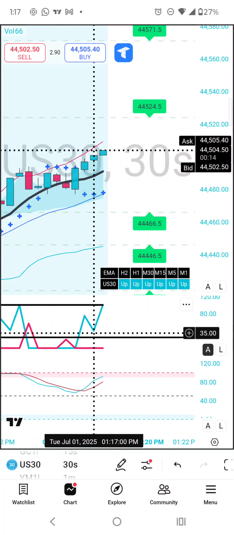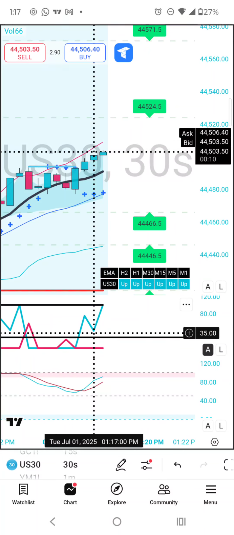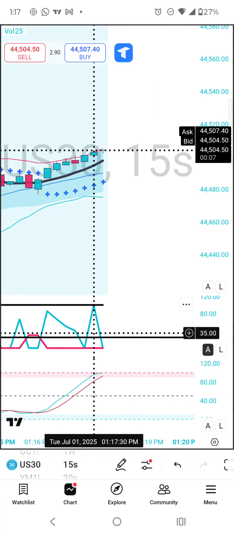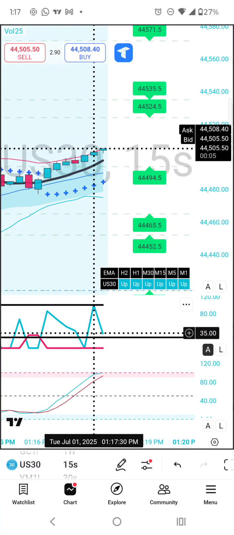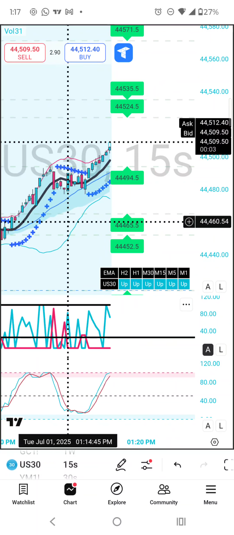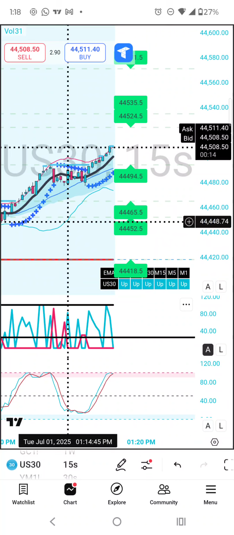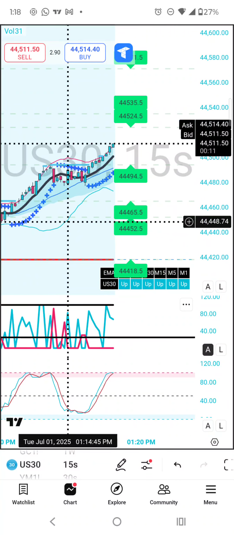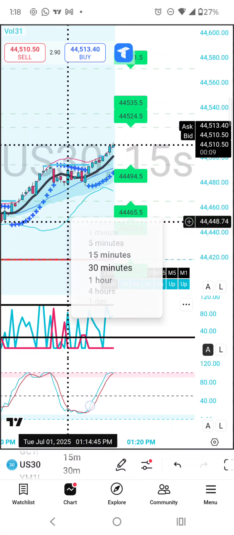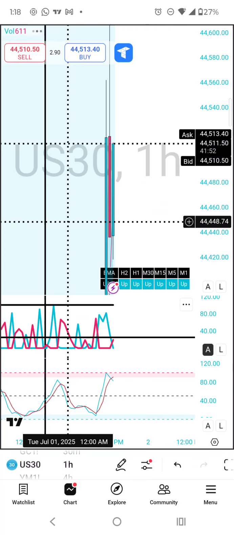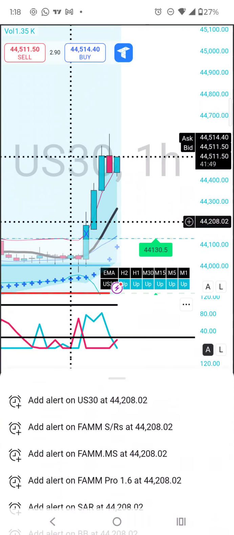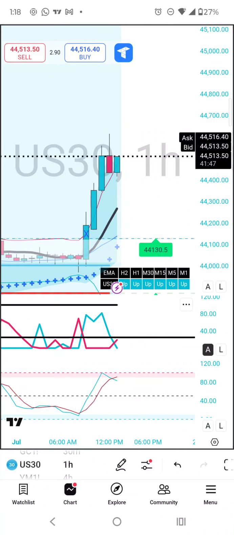It's really half and half right now. 30 seconds is on top. 15-second on top. So here's the buying energy happening. It's been buying since we've been going through it.